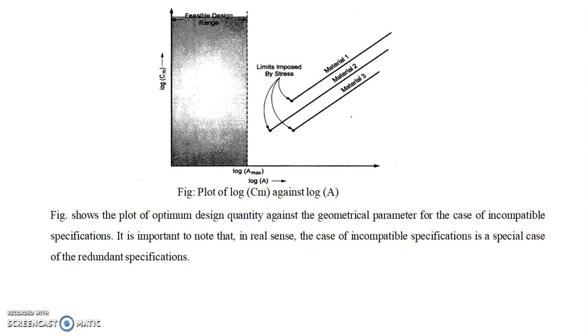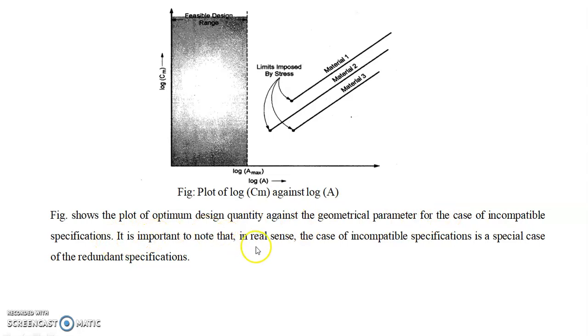Whenever we plot the graph of log CM against log of A max, you can see here this range is considered the feasible design range. Let us consider three materials: material 1, material 2, material 3. These are the limits imposed by the stresses. So this figure shows the plot of optimum design quantity against the geometrical parameter for the case of incompatible specification.